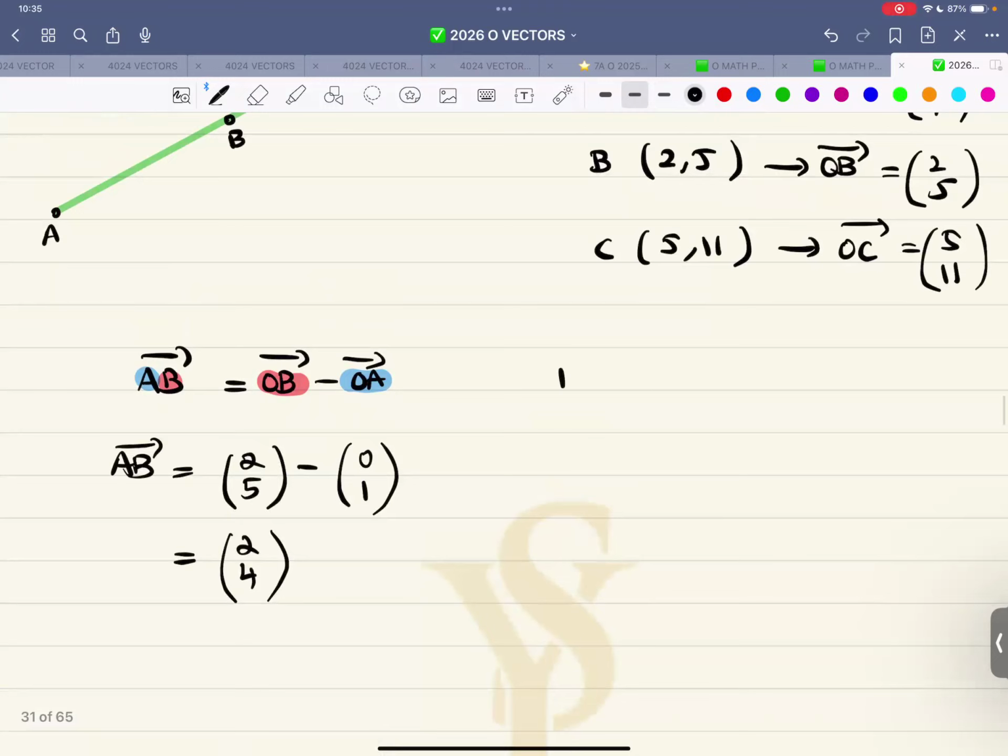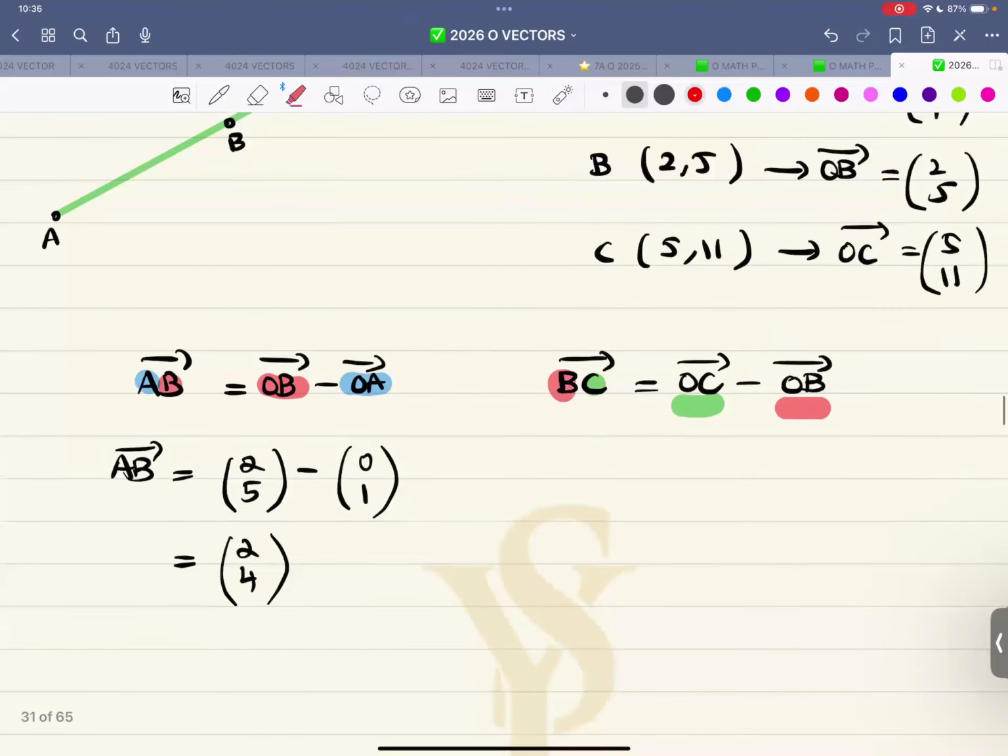Let me find BC. That is OC minus OB. Again, position vector of second letter minus position vector of first letter.